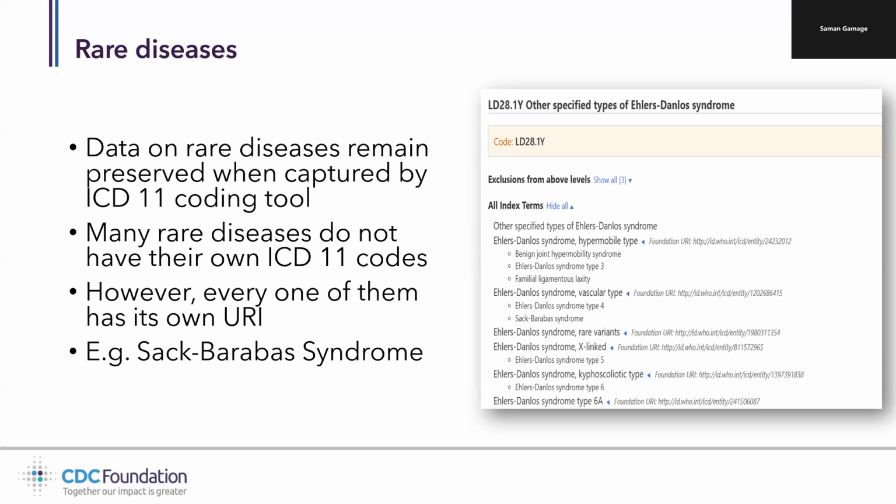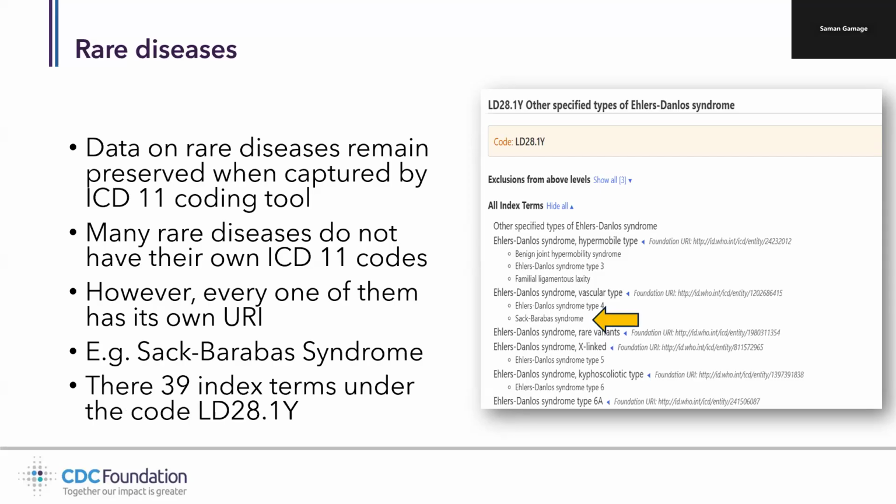The code is LD28.1Y, as you see in this diagram. But Sack-Barabas syndrome is a rare disease that has a unique URI, so it is saved within the foundation and it is captured by the ICD-11 coding tool, even though it is a rare disease.